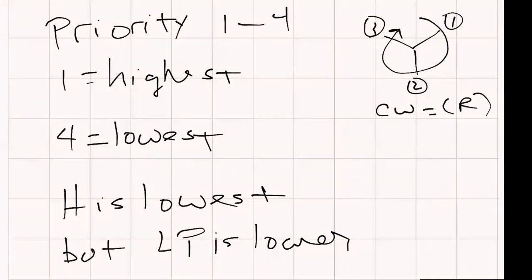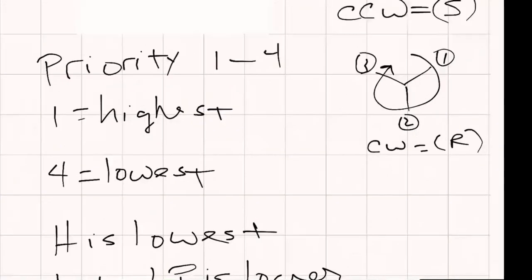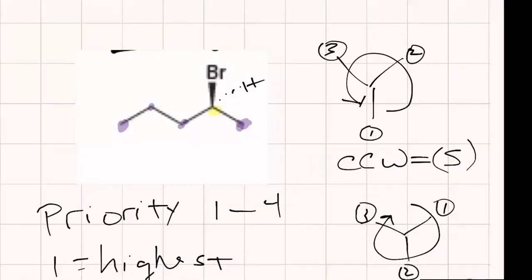Yes. So when we prioritize our groups based on atomic number, like we talked about the other day, we're prioritizing the groups around the chiral center. So let's go back up to the example, and let me erase all this other mess because we already dealt with that. First, let's identify the groups. What are the four things attached to this chiral center?